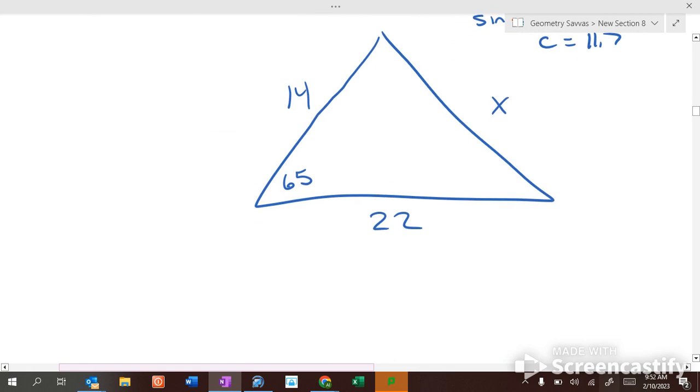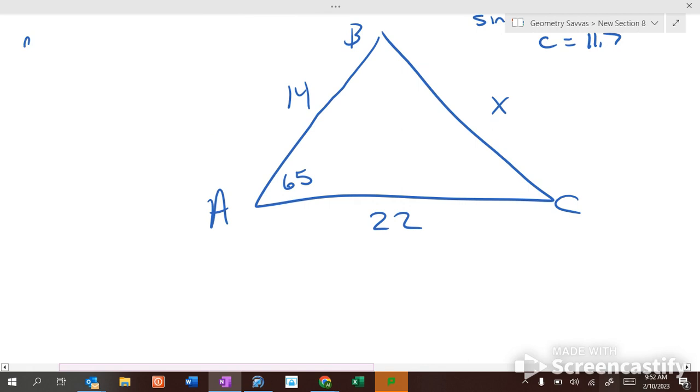Then, when we have side angle side, we don't have any opposites here. If you don't have opposites, you use law of cosines. So if we name it A, B, and C, which of the 3 law of cosines do I use for this one?